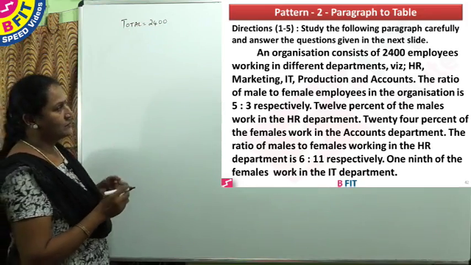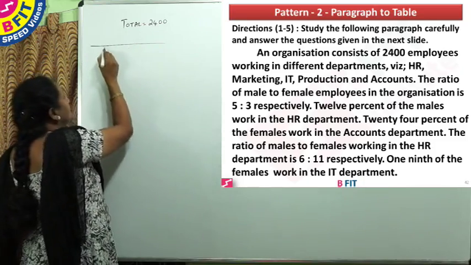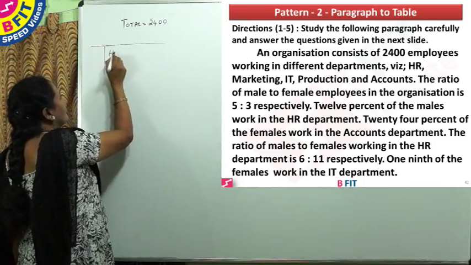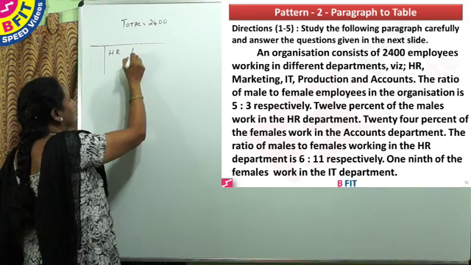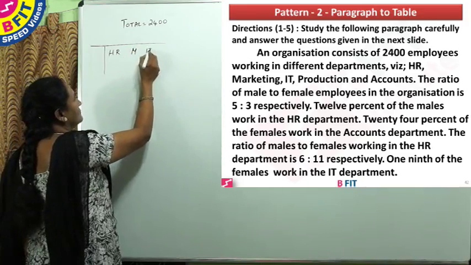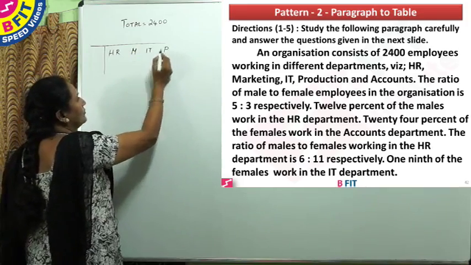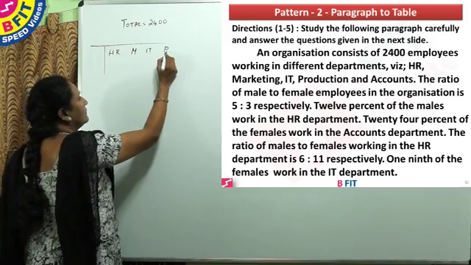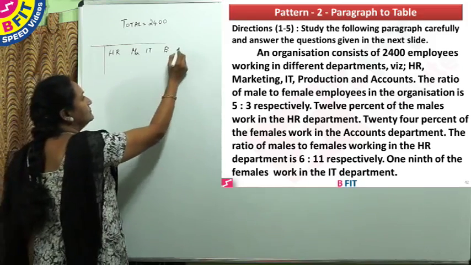We have 5 departments: HR, marketing, IT, production and accounts.